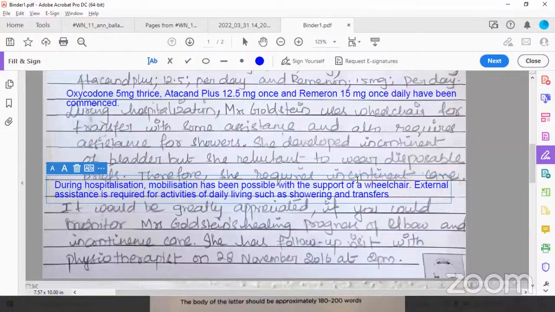Okay, right. Transfers for short distances. Okay, you can write like this.